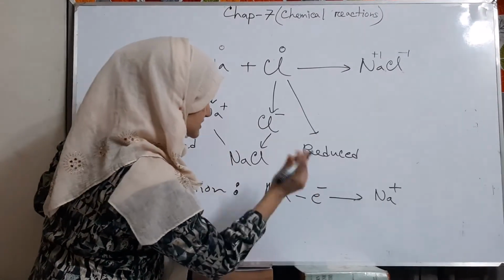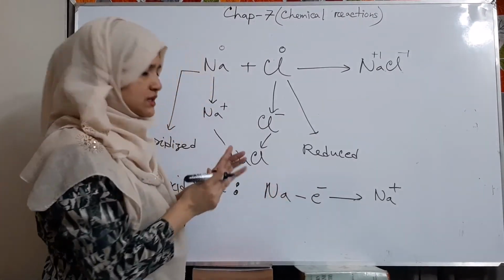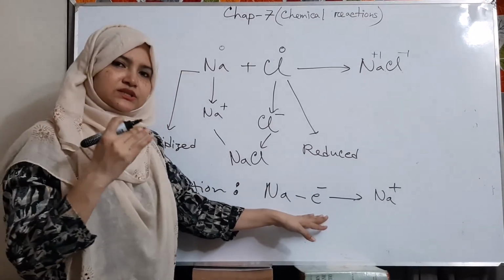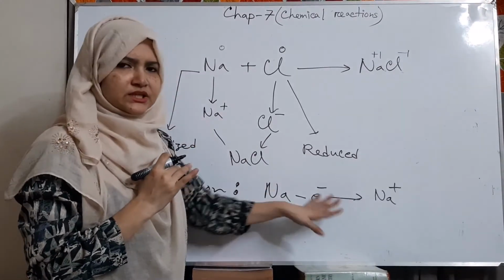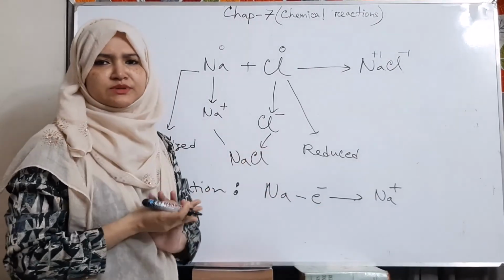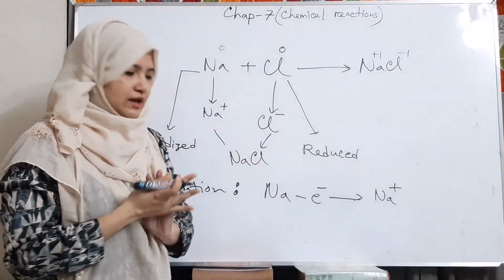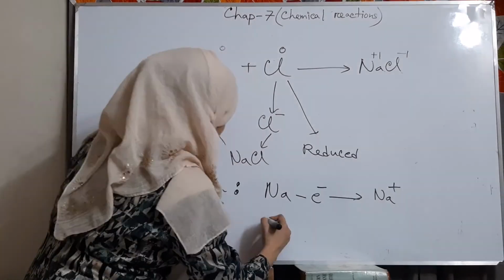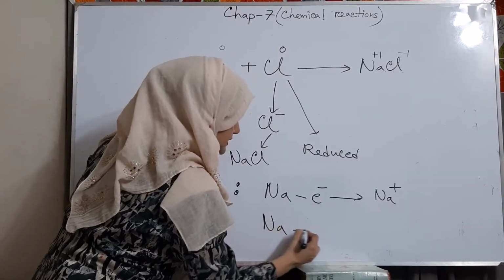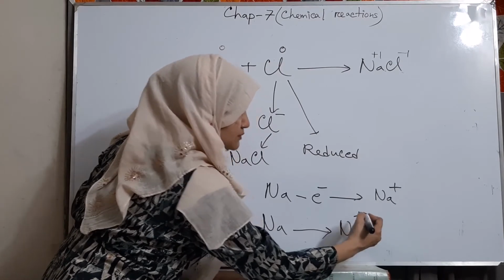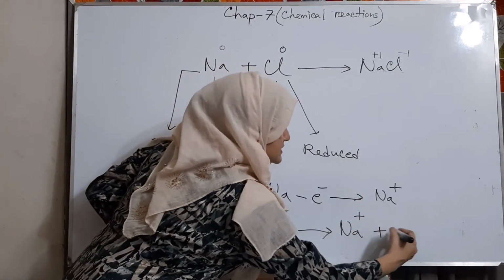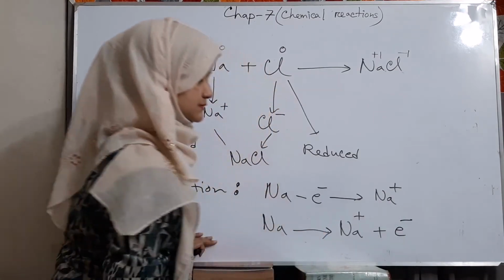Because in a chemical reaction no atomic particle or atoms can be eliminated from the reaction vessel, we have to write sodium, then an arrow, sodium turns into sodium 1 plus ion plus 1 electron.